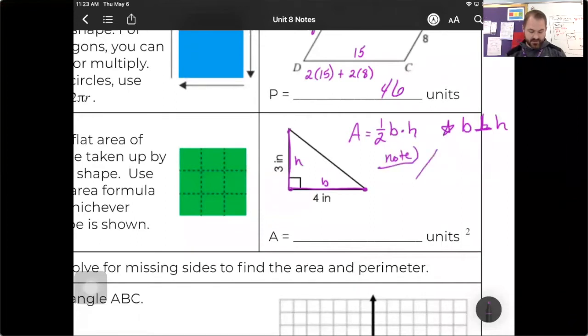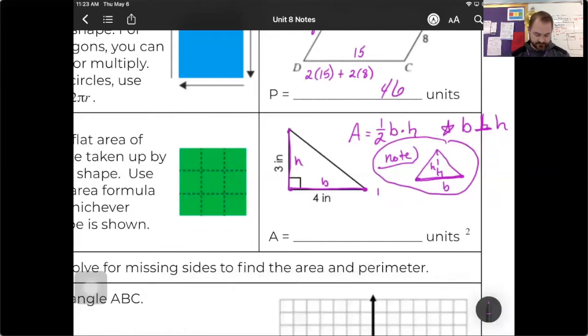If the triangle is not a right triangle, the height would be a measurement like this, perpendicular to a base like that. But for our example, base and height are already sides. So the base is 4, the height would be 3. 4 times 3 is 12, and 1/2 of 12 is 6. So 6 square units is your area.